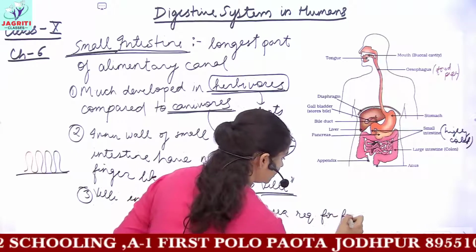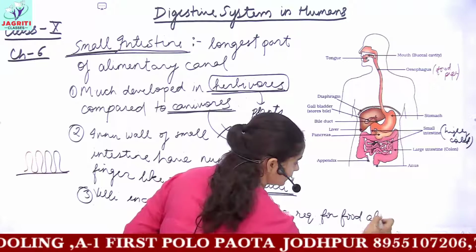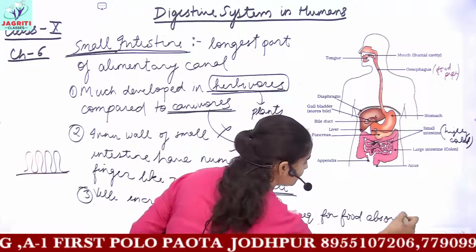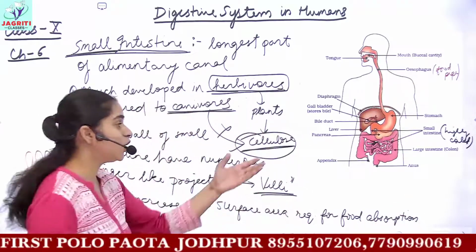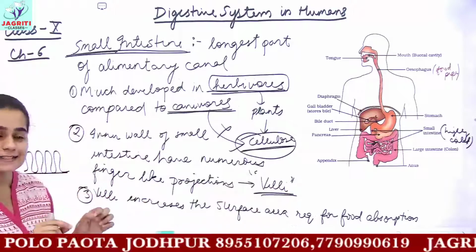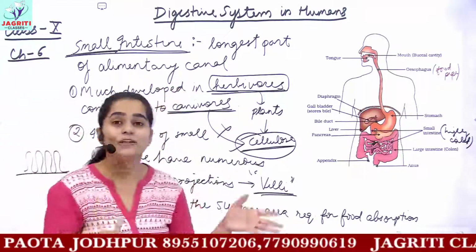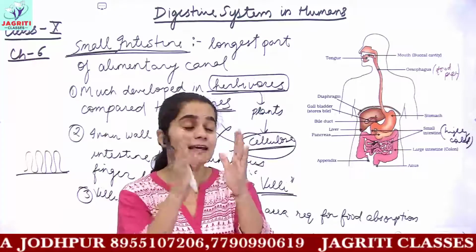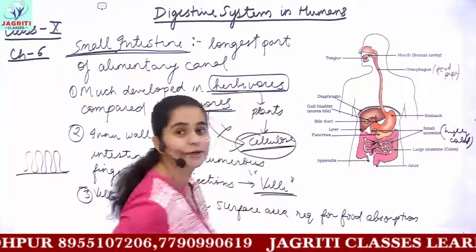This is the major function of villi, and because of the foldings and villi, a larger length of small intestine is packed in such a small volume of your body.